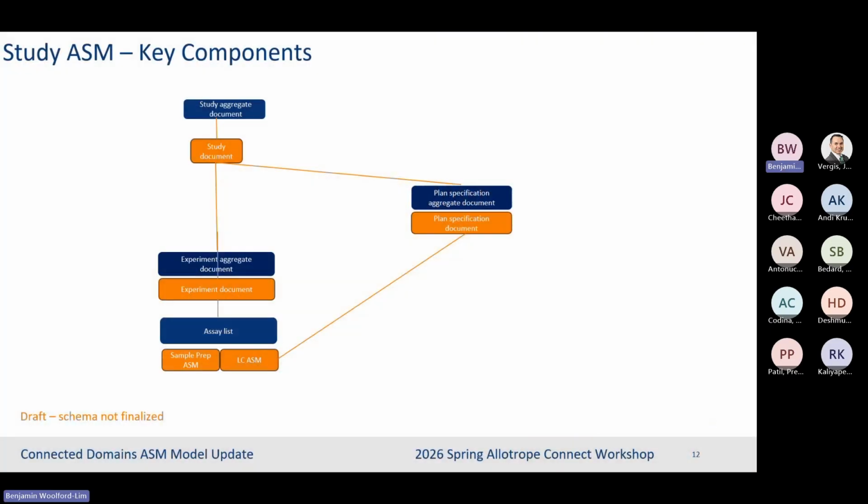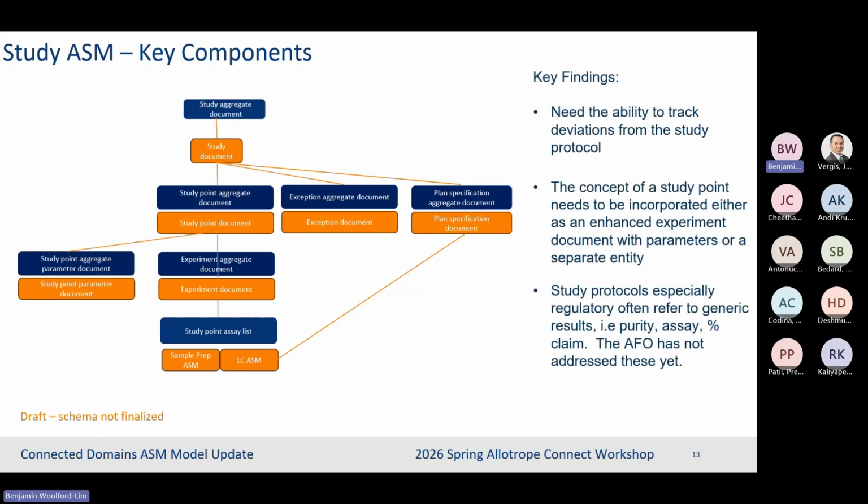Okay, so now if we go back to our ASM, and we take that plot that we had there, and we put some foreshadowing, stretching, and spaces in there, we can show what happened when we really started looking at these studies. And we did find a few gaps. One, if you have a study protocol, it's expected that you track any deviation from that protocol.